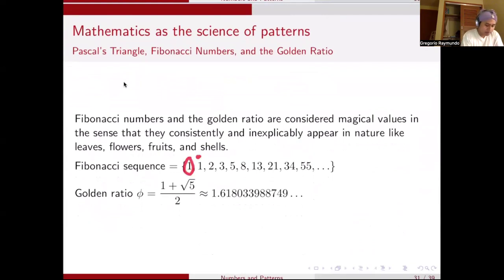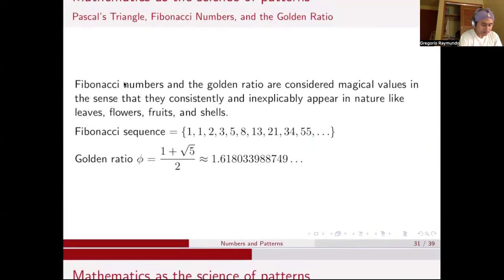So we start with 1 and 1. 1 plus 1, 2. 1 plus 2, 3. 2 plus 3, 5. 3 plus 5, 8. 5 plus 8, 13. 13 plus 8, 21, and so on. And then we have the golden ratio phi. Golden ratio phi is 1 plus square root of 5 over 2, approximately 1.618033988749.